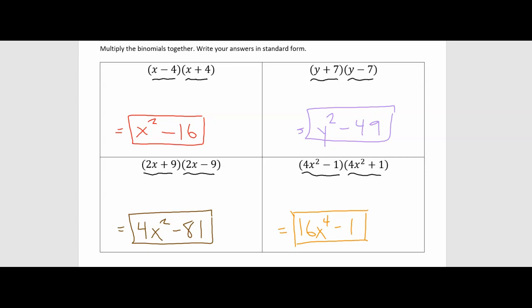If the binomials are the same except for the sign, well, we have a shortcut where you can just multiply the two first terms together and the two last terms together to get your final answer. X times x is x squared, negative 4 times positive 4 is negative 16. And that will work in every scenario here.